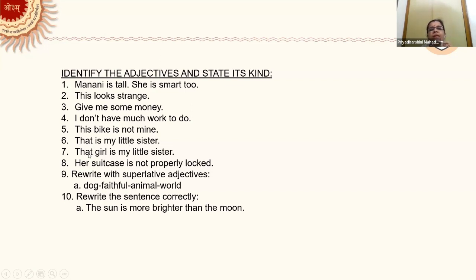In the 7th sentence, that girl is my little sister. That is an adjective. What adjective? Demonstrative. Thank you. Her suitcase is not properly locked. Her is what adjective?